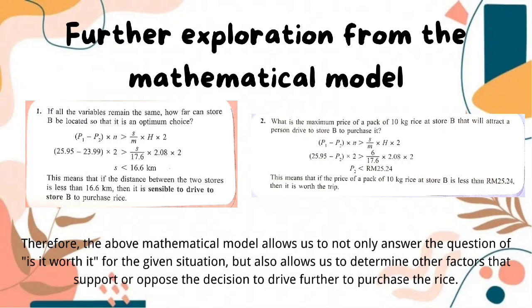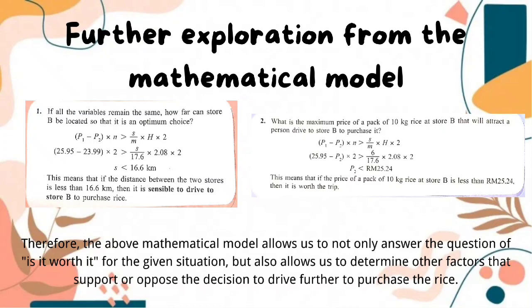Number 2. What is the maximum price of a pack of 10 kg rice at store B that will attract a person to drive to store B to purchase it? Use the same solution. (P1 minus P2) times N is larger than S over M times H times 2. (25.95 minus P2) times 2 is larger than 6 over 17.6 times 2.08 times 2.